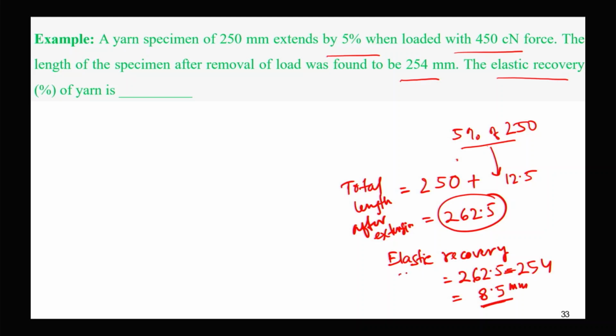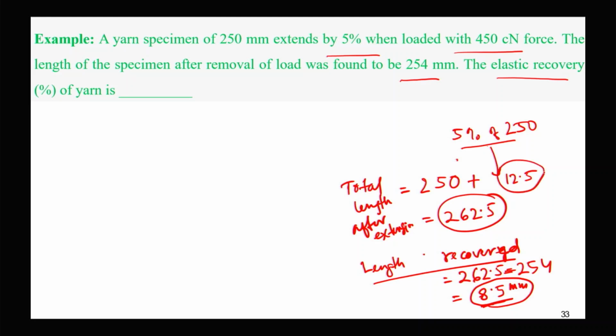Sorry, this is not the elastic recovery, this is the length recovered. So the length recovered is 8.5 and the extension is 12.5.